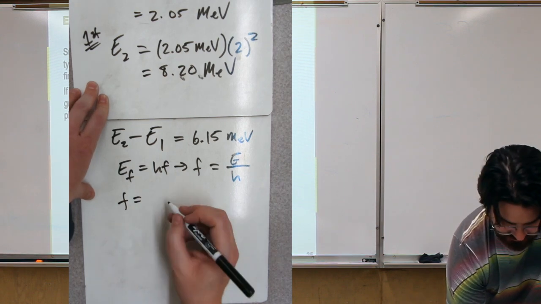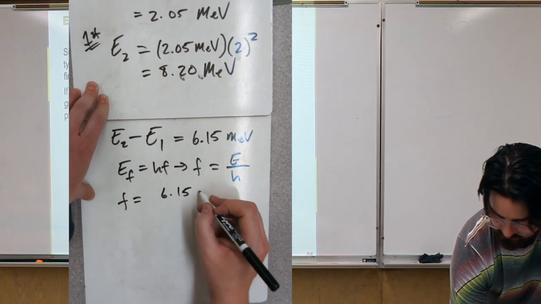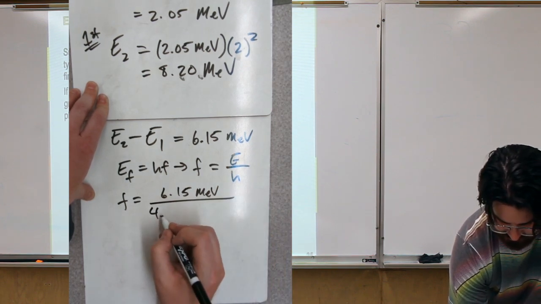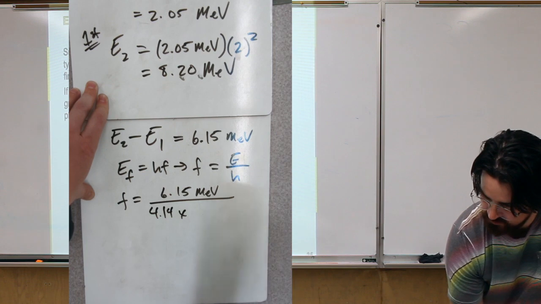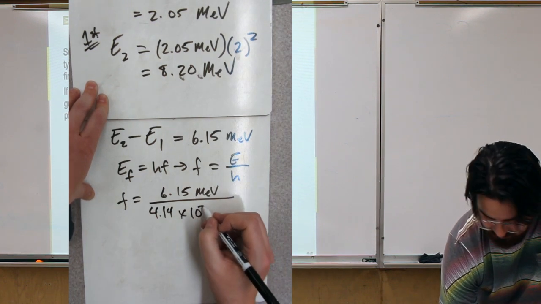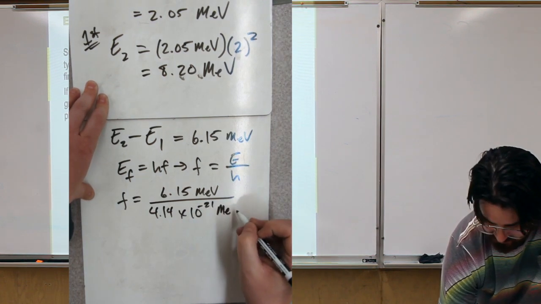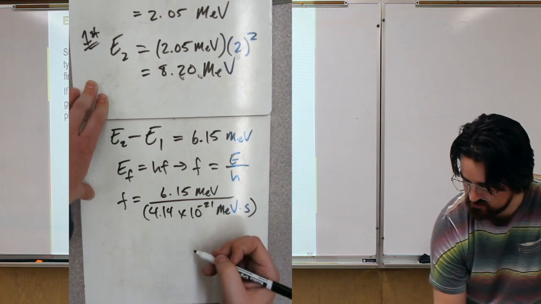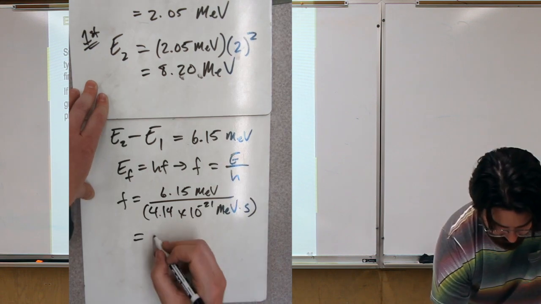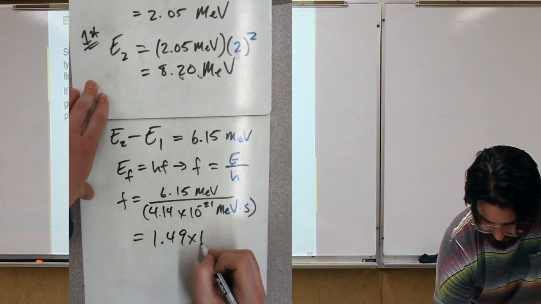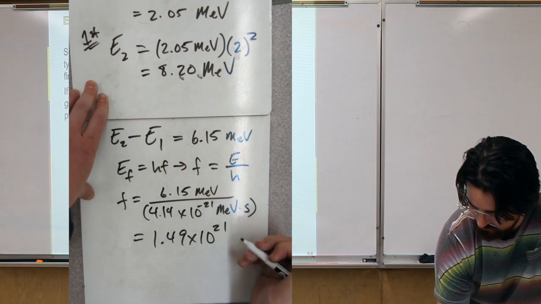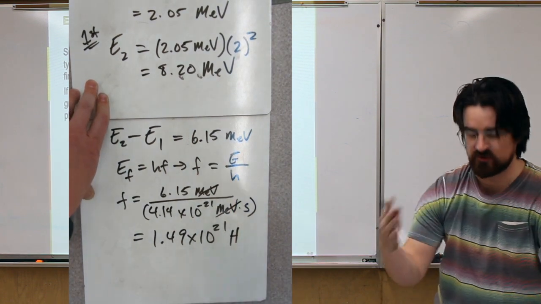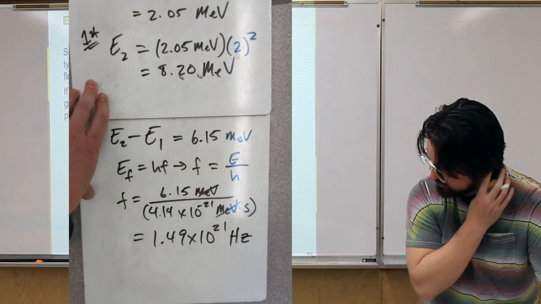Frequency then looks like 6.15 mega electron volts divided by, and this is actually going to be h, Planck's constant, in units of mega electron volts times seconds, 4.14 times 10 to the minus 21st. So we end up with 1.49 times 10 to the 21st hertz, right? Units of mega electron volts go away. 1 over seconds is hertz.